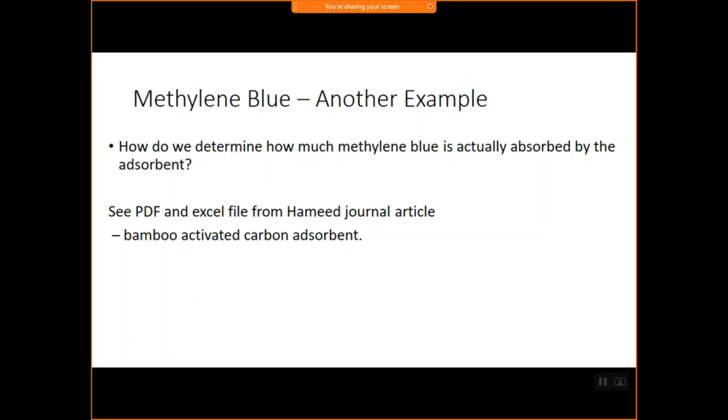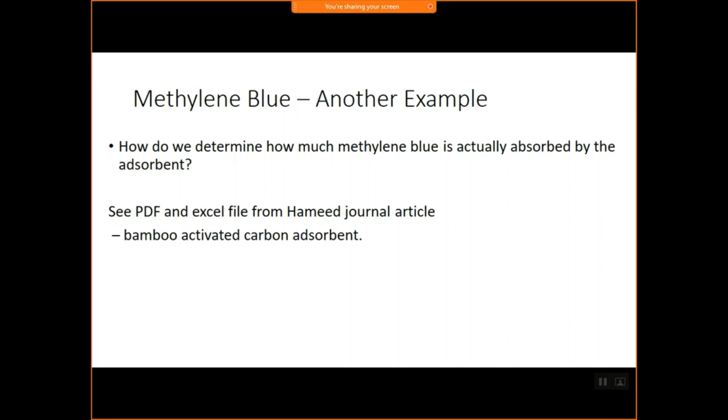Most of the time with methylene blue and activated carbon, you're going to have that chemical bond interaction of chemisorption. But the question really becomes, how much methylene blue can I get to stick to my activated carbon? And that's really what it boils down to.